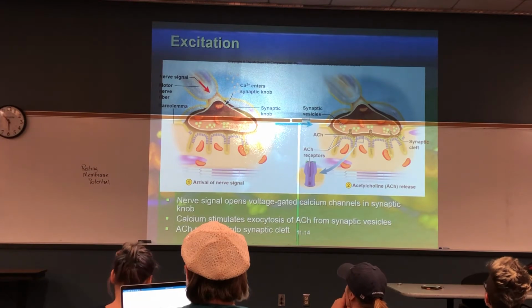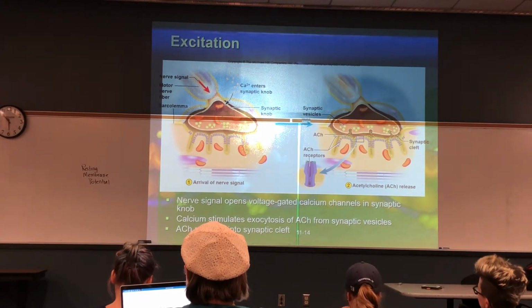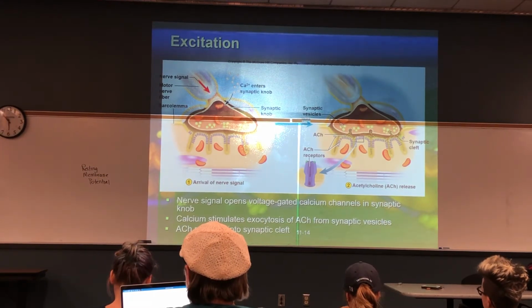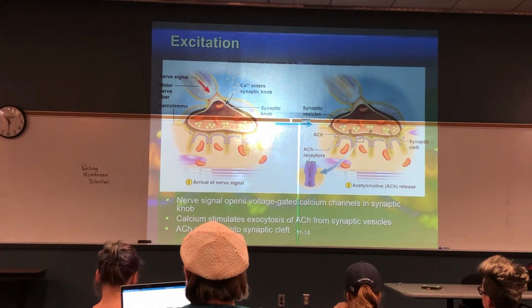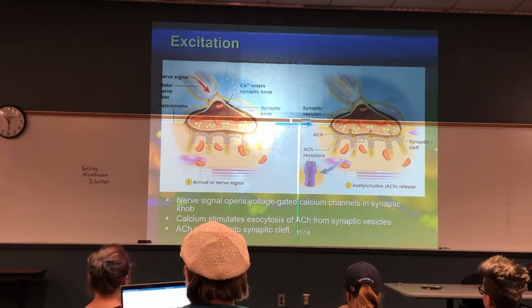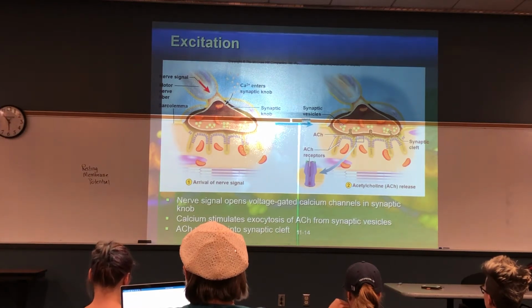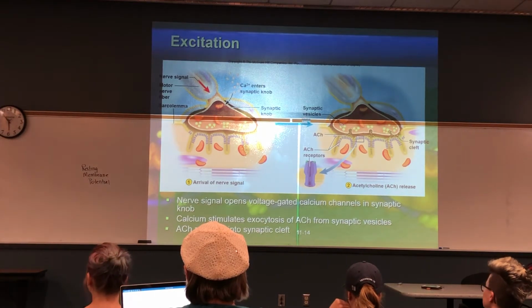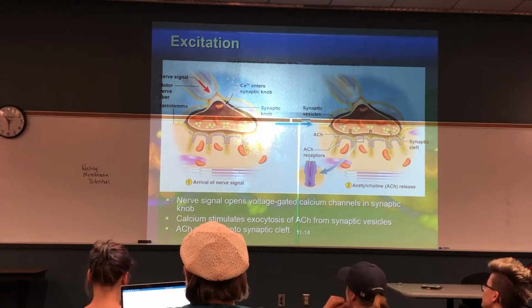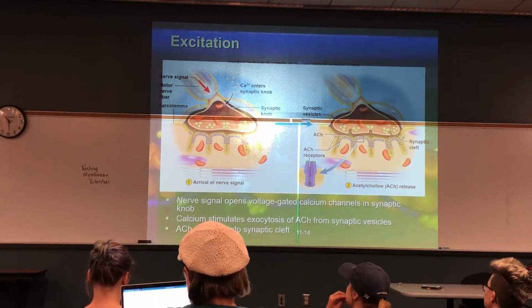So when these channels feel that electrical energy, they open up, and the channels only allow calcium to come in. What? Calcium, what we thought was good for bones. But now we know that without calcium, you can't have a nerve communicating with a muscle.